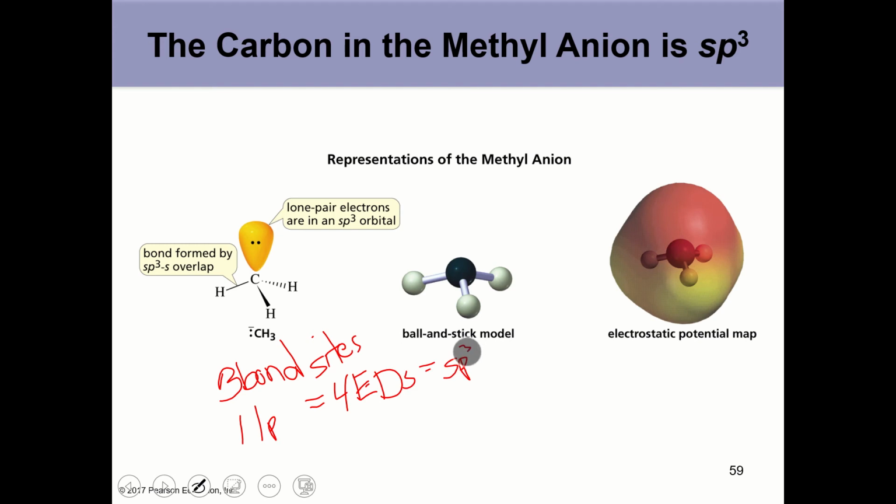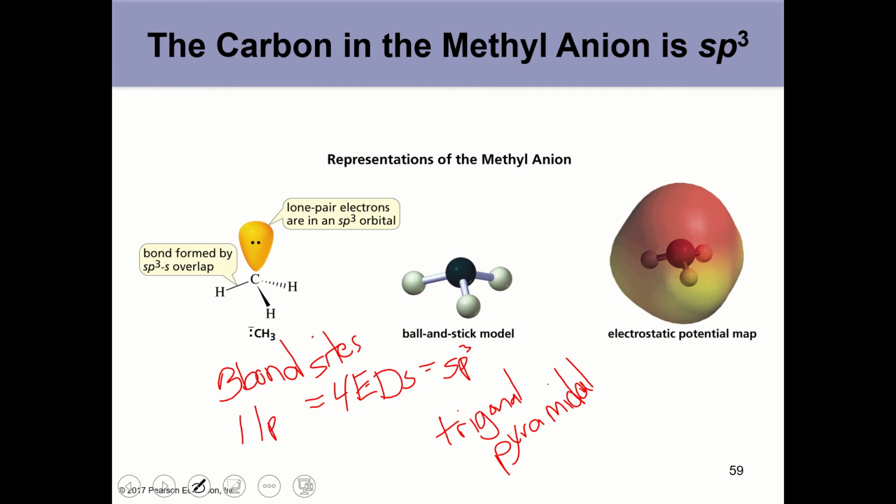Now in this case, the molecular geometry for 3 bond sites and 1 lone pair is trigonal pyramidal. If you don't remember your molecular geometries, you need to open up your Gen Chem book and review them. I'll say them here without writing them down for a reminder.